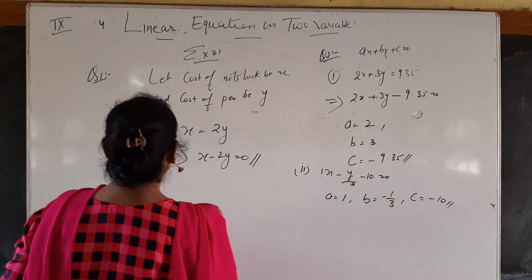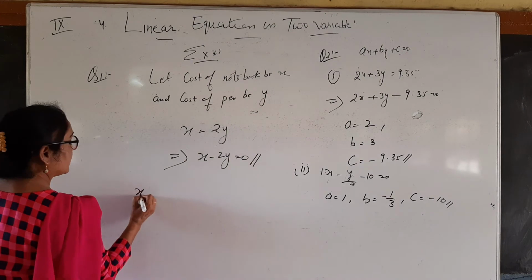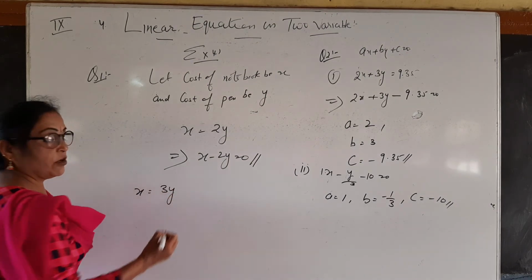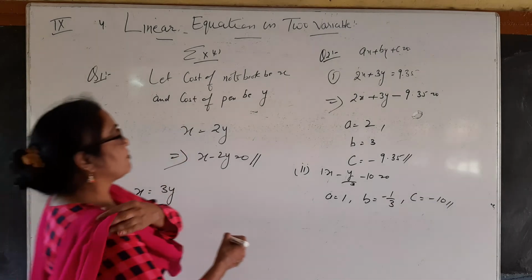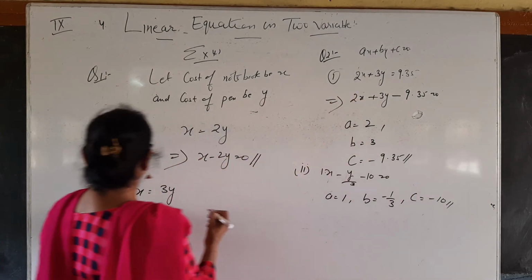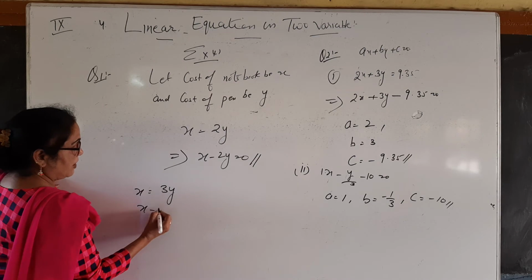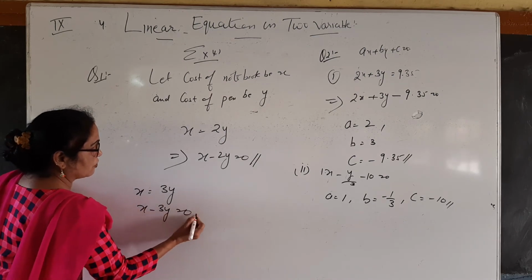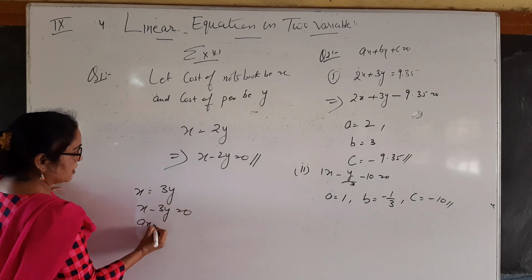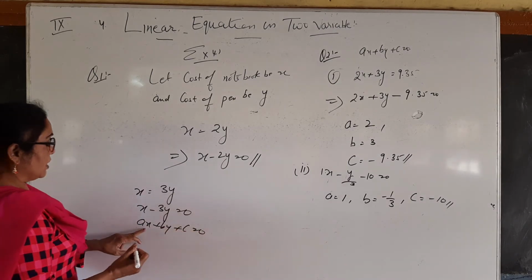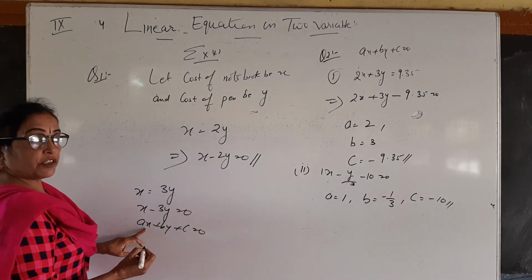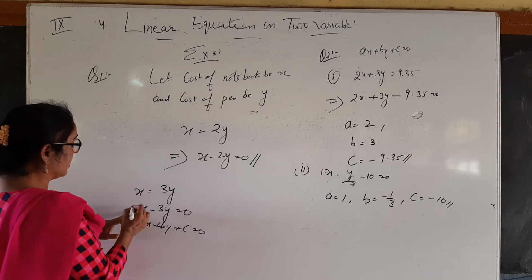Here the next part is x equal to 3y. First we will write it in the form of ax plus by plus c equal to 0. So here we will write x minus 3y equal to 0. Now compare with ax plus by plus c equal to 0. Here a, the coefficient of x, is 1.